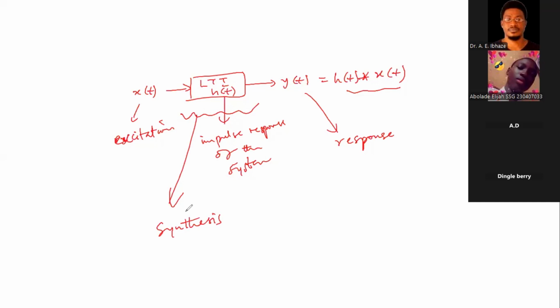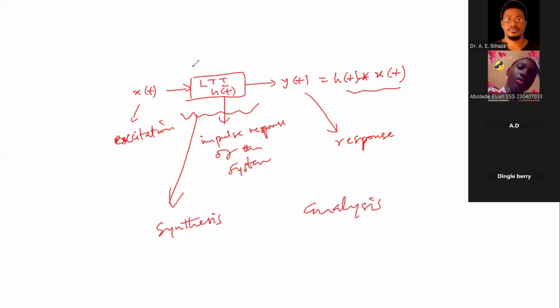Then we should be able to synthesize. So we say, well, this particular system will require us to have XYZ components put together. So there we can now design the system, having an idea of how the input and output should be. But basically, in our study, we are going to be doing analysis.